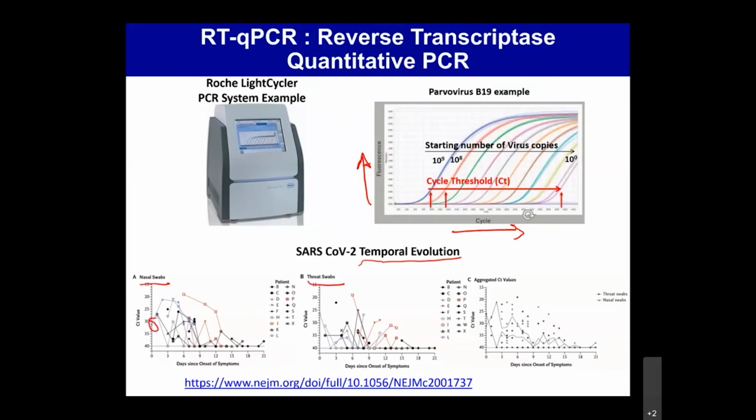But in some patients, you cannot detect the virus until you reach the 3rd day, right? But in order to do that, you have to go to 40 cycles, right? And this is peak viral load, and then as the time progresses, the viral load starts decreasing, right? Eventually, the virus disappears if you have cured the disease, right? So this is what is done in this technique, right?